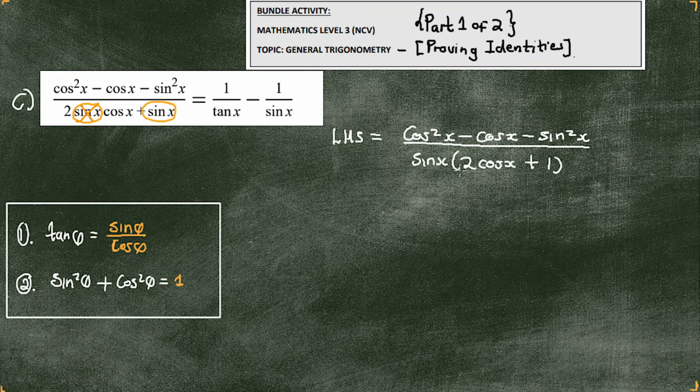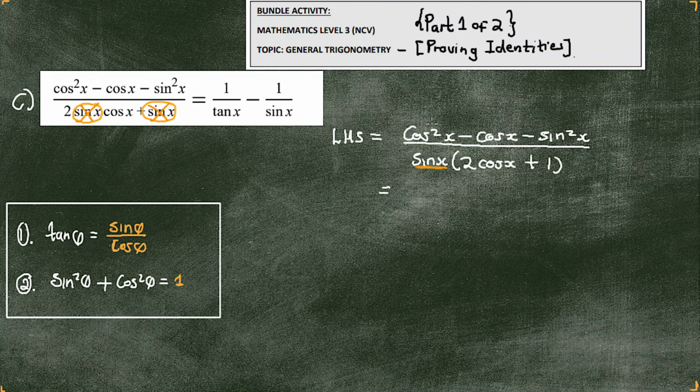Taking a common factor is like dividing that term. So sine over sine leaves us with a 1. 2 sine x cos x divided by sine, we are left with 2 cos x. Okay, now let's deal with the numerator.